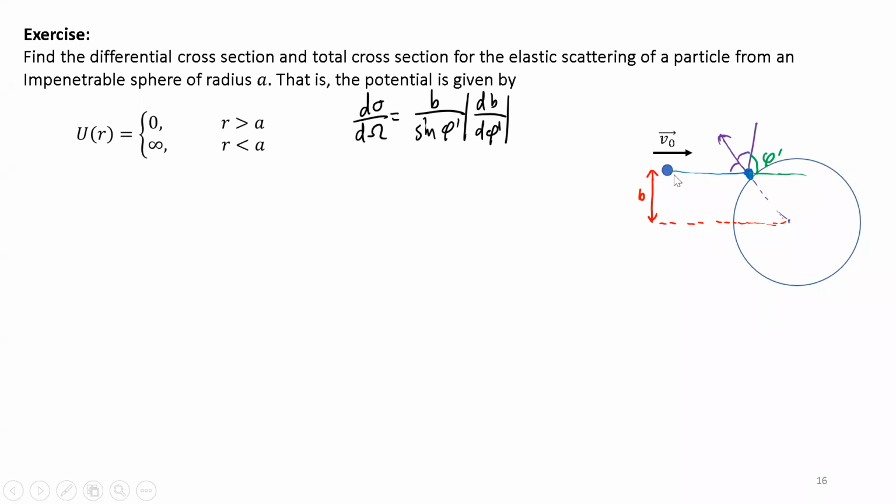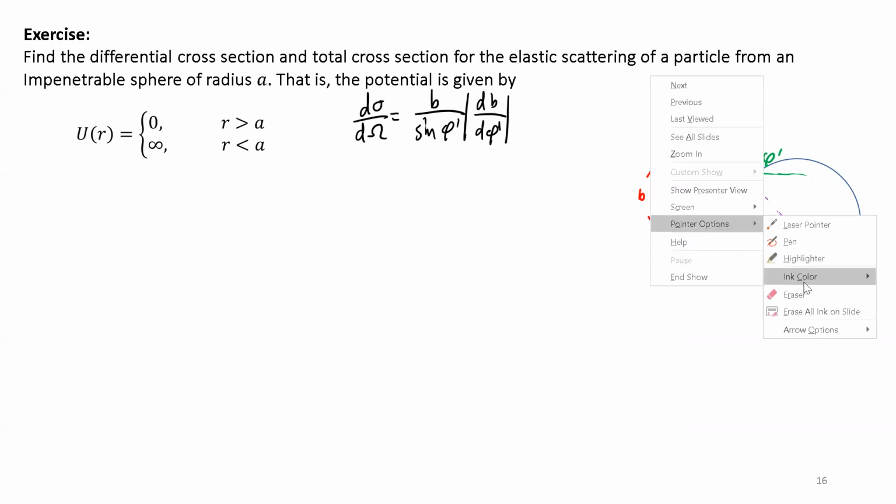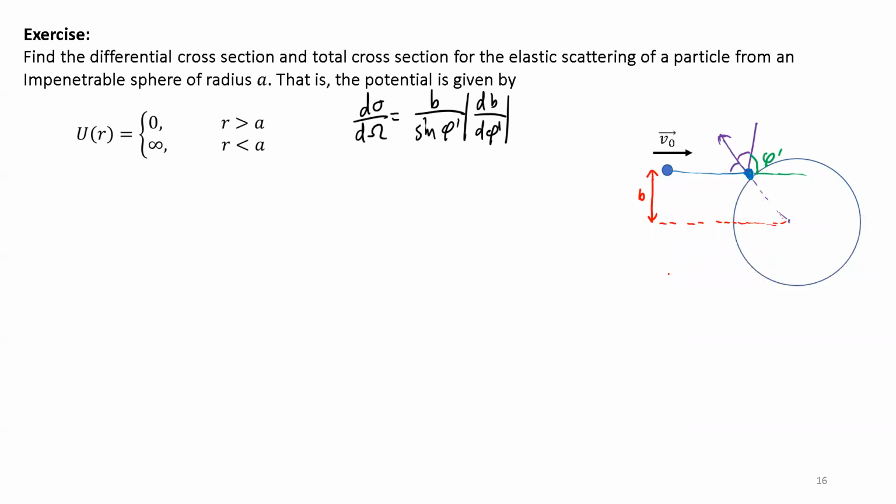So you could imagine that if you have an impact parameter which is larger than the radius of the sphere itself, then there will not be any scattering, right? So the radius of the sphere is a.